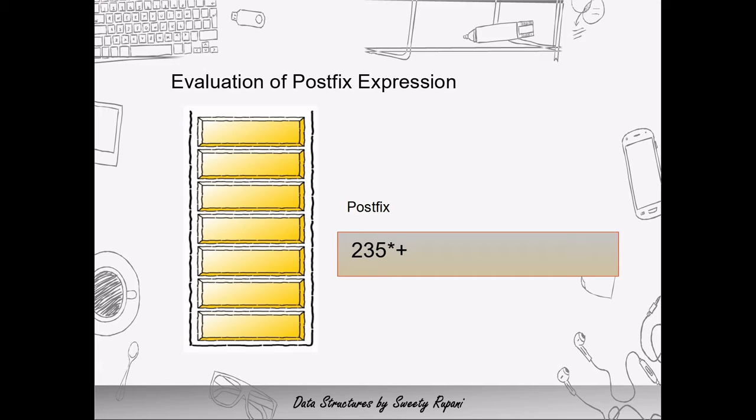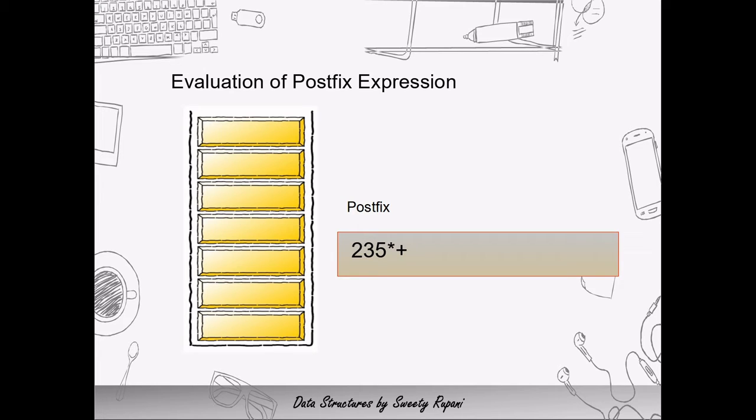Now here also, as in the case of conversion, we will go symbol by symbol. The moment you come across a symbol, you have to check whether it's an operand or an operator, and depending upon that you will decide what is required to be done according to the rules we have studied in the previous slide. So the first symbol that I come across is 2, which is an operand.